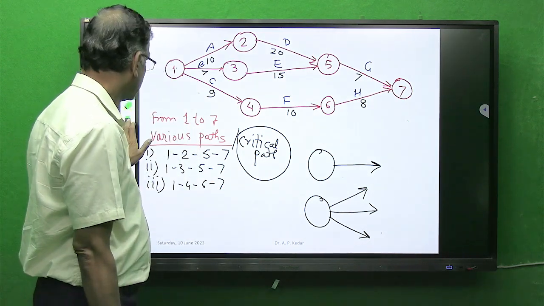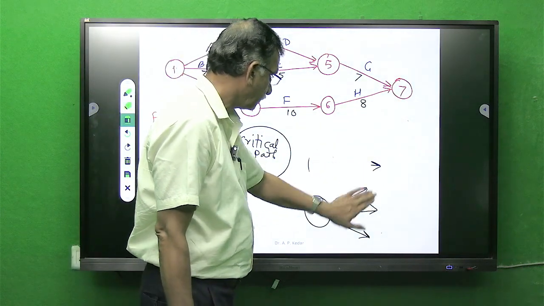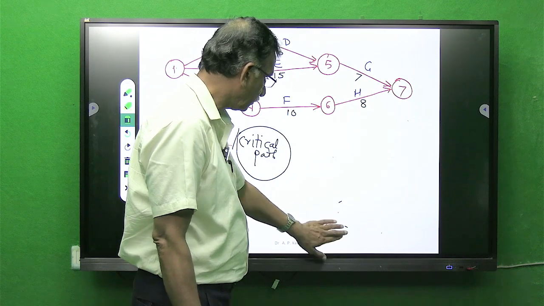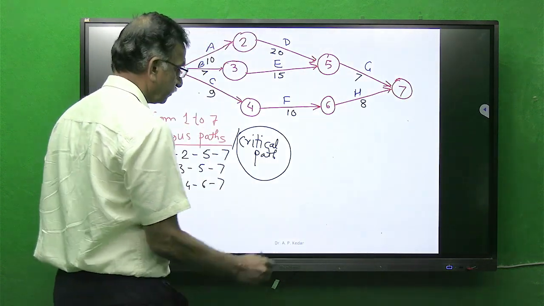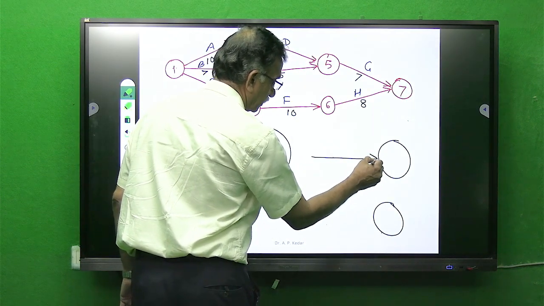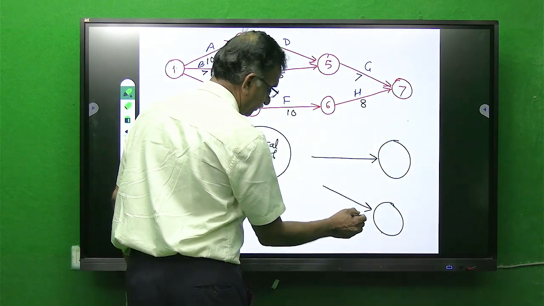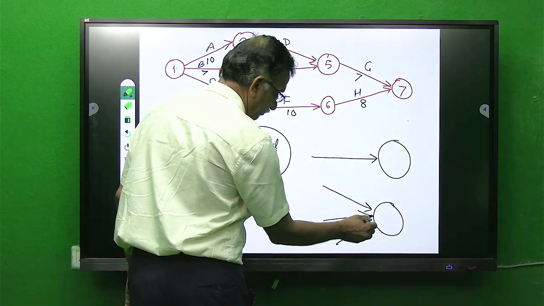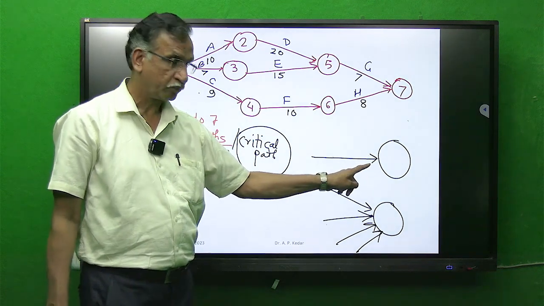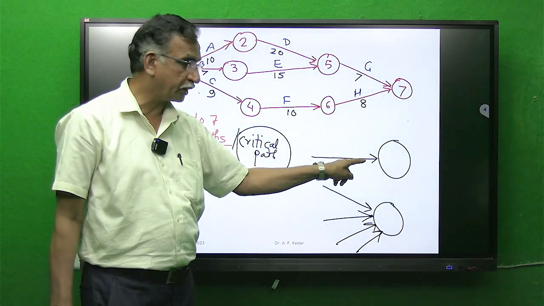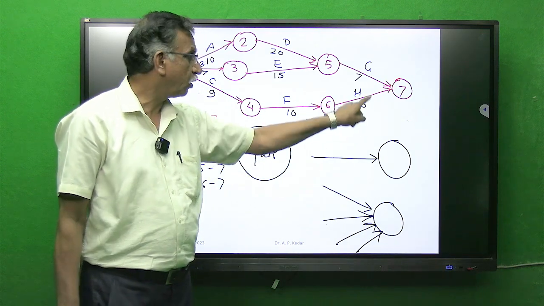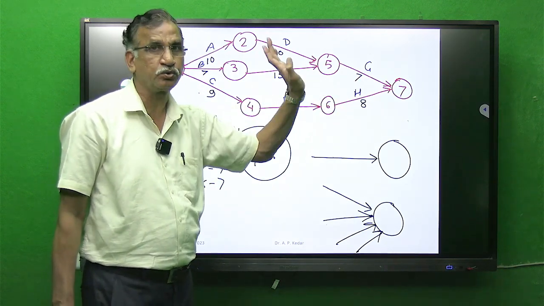Similarly, the terminating event or end event will have maybe only one terminating activity or maybe more than one terminating activity, as shown here, or maybe two terminating activities as shown here.